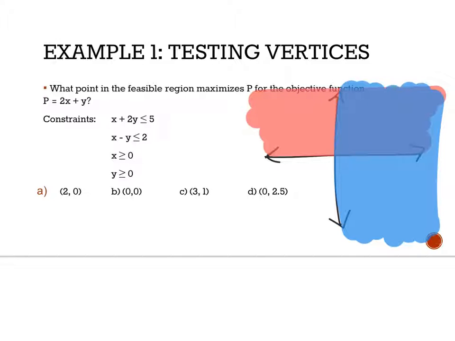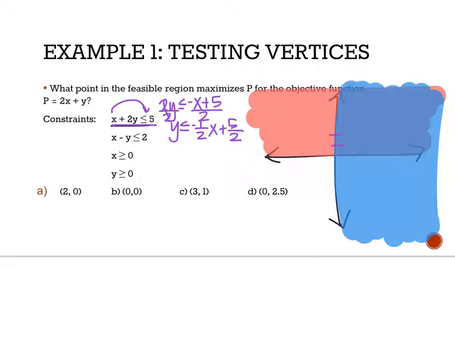Okay, and then let's deal with our 2 lines. This is very similar to the last lesson. What you're going to do is put it in slope-intercept form. I'm going to choose another color, so we'll do purple. We'll move the x over, and we get 2y less than or equal to negative x plus 5. Divide by 2. So we get y is less than or equal to negative 1/2 x plus 5/2. So we want to graph that. 5/2 is your y-intercept.